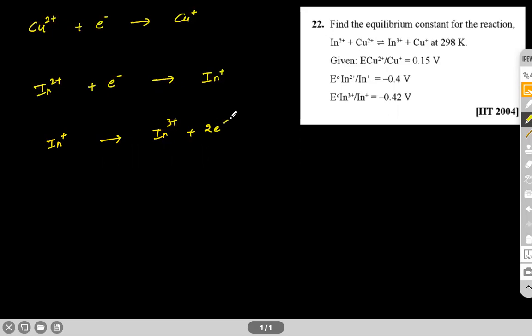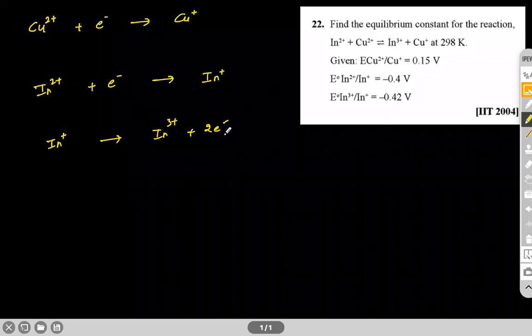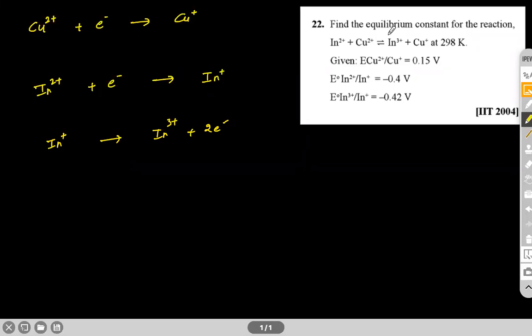Now with the help of these three equations, we'll get the cell equation which is given in the question. We need to eliminate In+ because it is not present in the reaction. So I'll add these two in order to cancel out this electron.